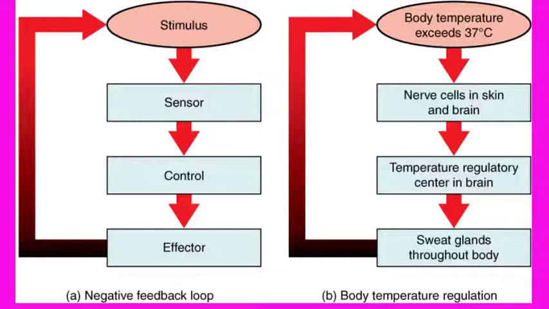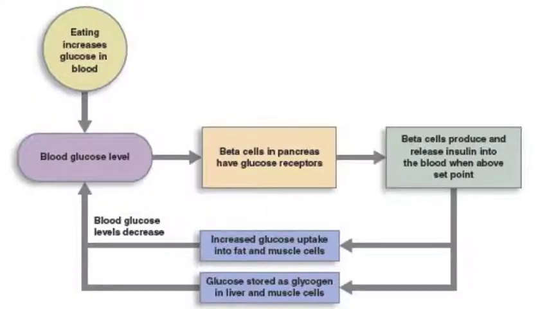For example, in the control of blood glucose, specific endocrine cells in the pancreas detect excess glucose, which is the stimulus, in the bloodstream. These pancreatic beta cells respond to the increased level of blood glucose by releasing the hormone insulin into the bloodstream.